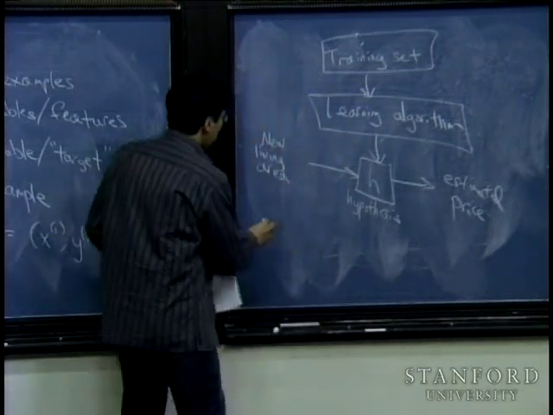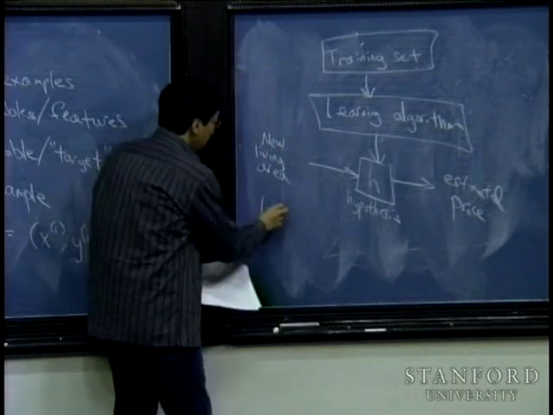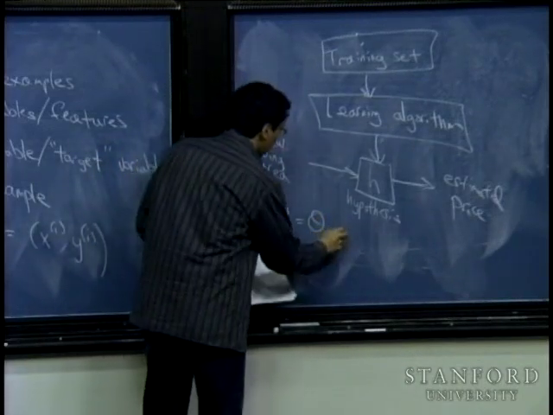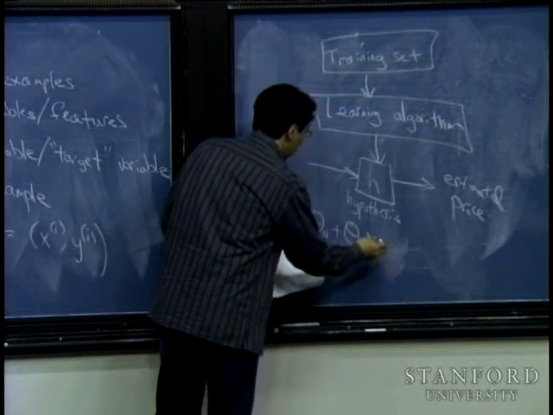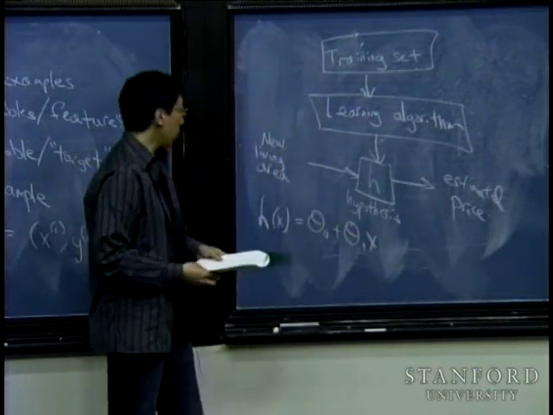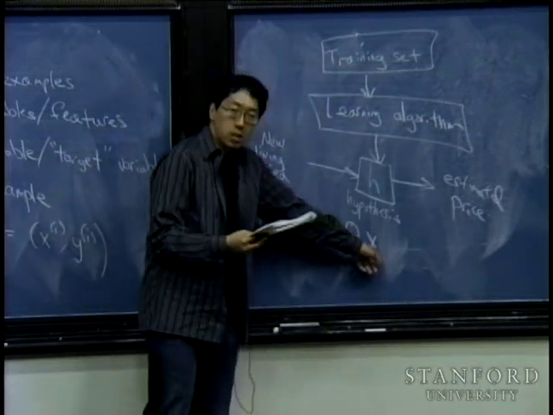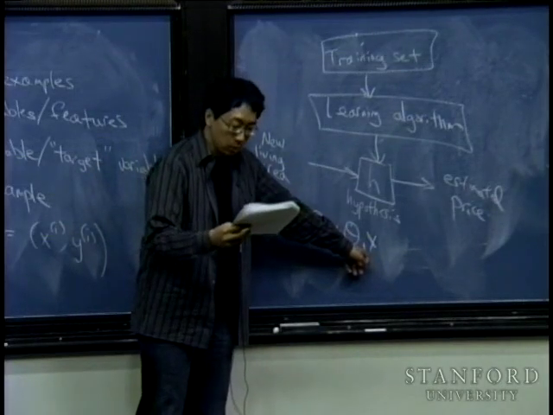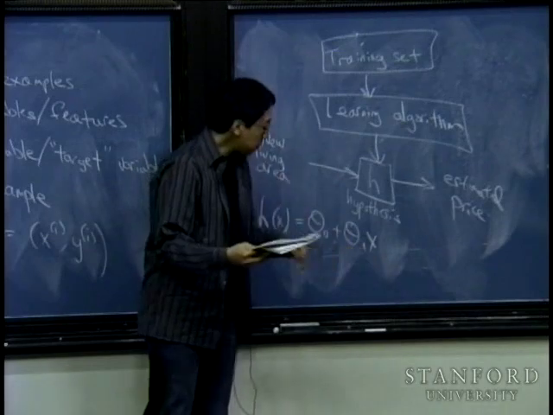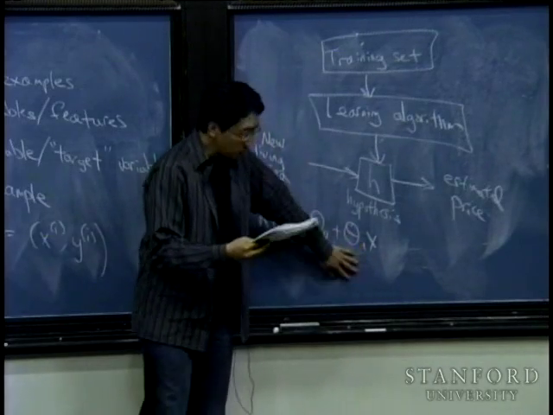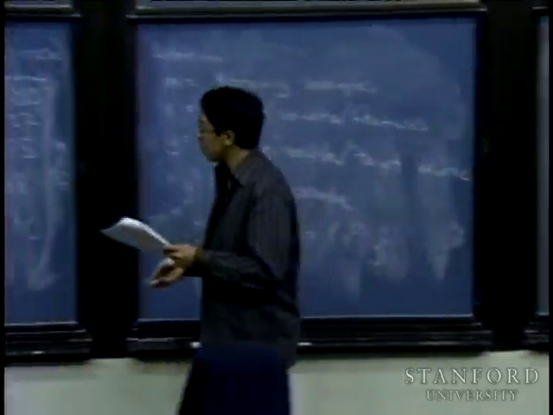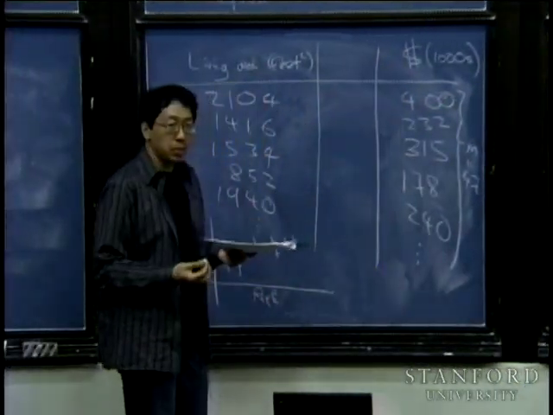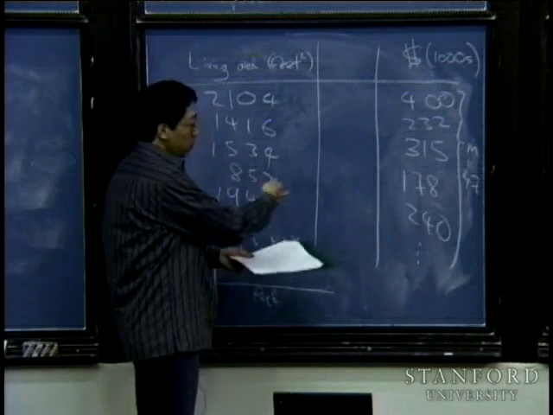So I'm going to represent my hypothesis as h of x equals theta 0 plus theta 1 x, where x here is an input feature, and so that's the size of the house we're considering. More generally, for many regression problems, we may have more than one input feature.